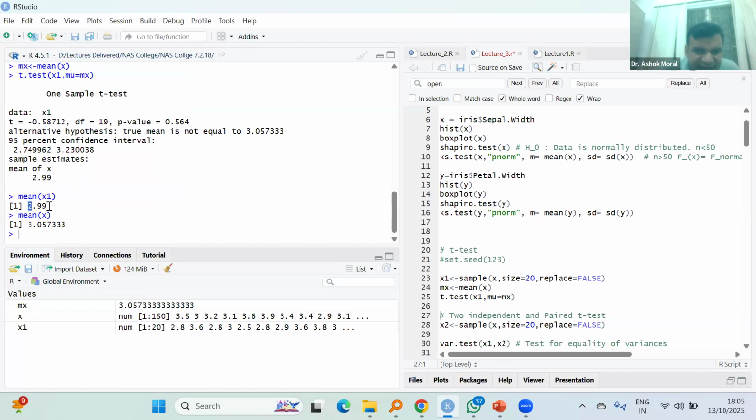So we are basically saying that this is the mean of the sample, this is the mean of the population, and by applying the one sample t-test, we are saying that the mean of this sample is equal to the mean of this population. Because we are accepting the null hypothesis as the p-value is greater than 0.05. Is it clear to all of you?